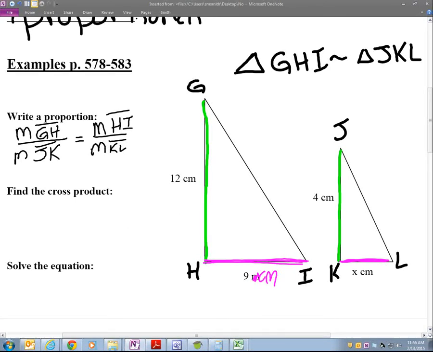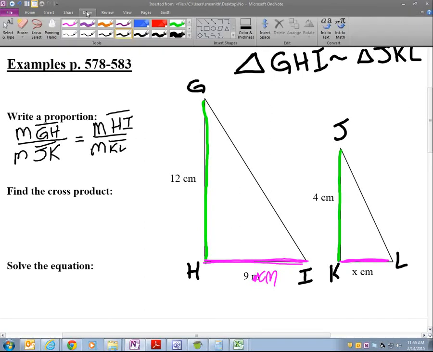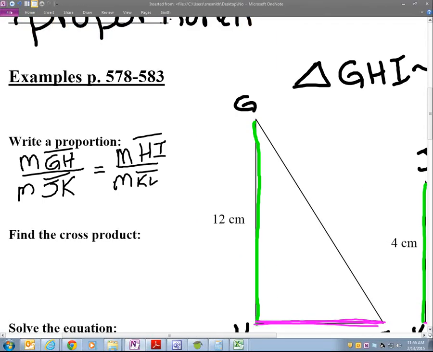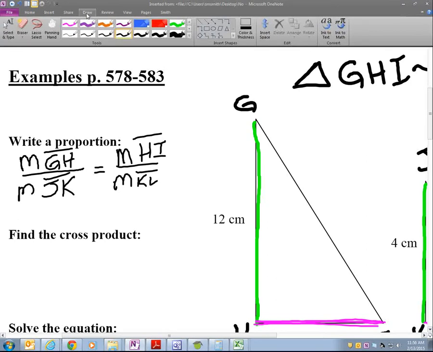Now let's substitute. Please stop shouting out. Substitute those in there. I'm going to do it as well, but don't look up here until you have tried. We're just substituting in the information that we have. So the measure of GH, you're going to put that number in there.